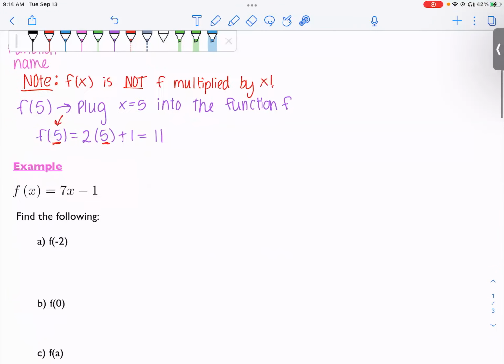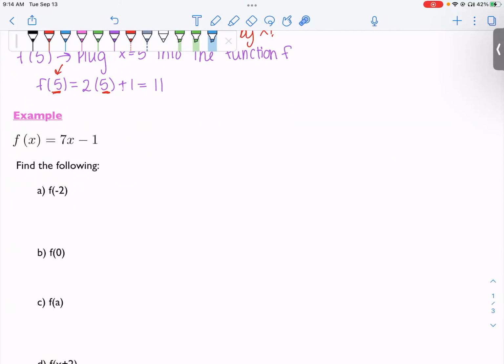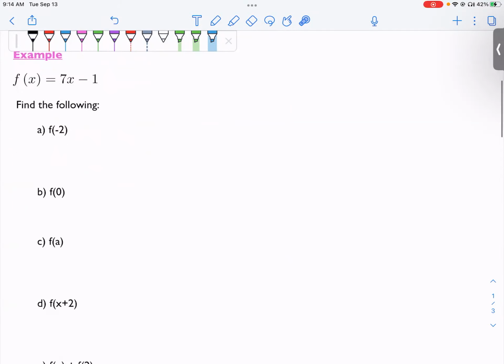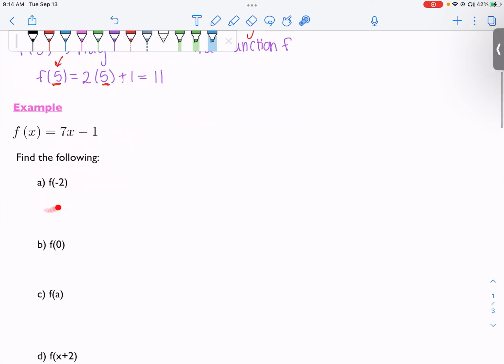So let's do a few examples here. We have this function, 7x minus 1. We're going to plug in a few things. Let's start by plugging in -2. So f of -2 is replacing this x with -2.